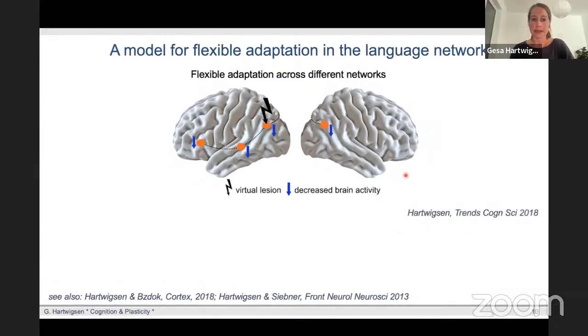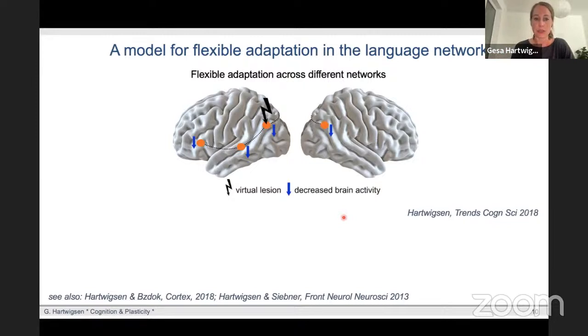So the second mechanism that my model assumes is flexible adaptation across different networks. Here, the idea is that sometimes when we target key areas, we don't see focal inhibition of the targeted area, but rather widespread inhibition of the larger network. So if the whole network is decreased in its contribution, then of course you can't see flexible adaptation within this network because it's downregulated.